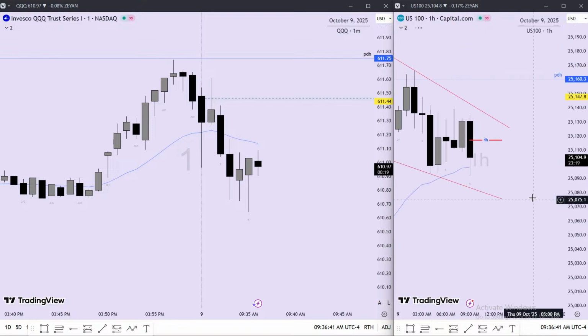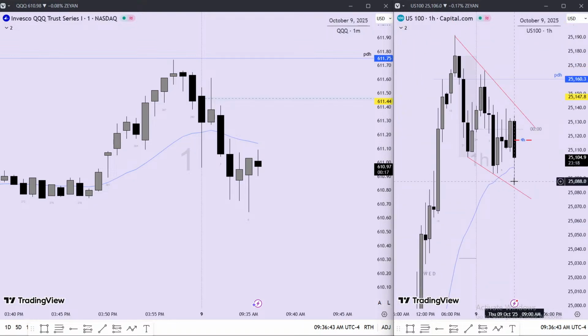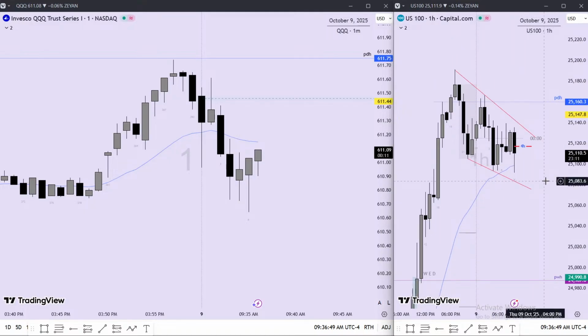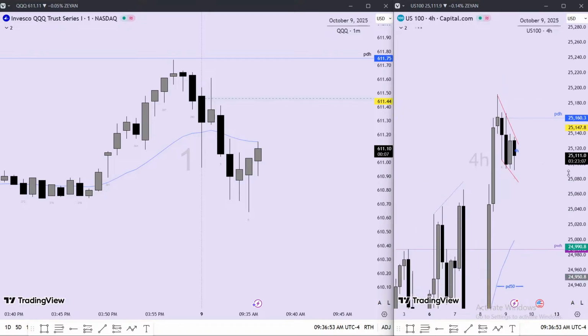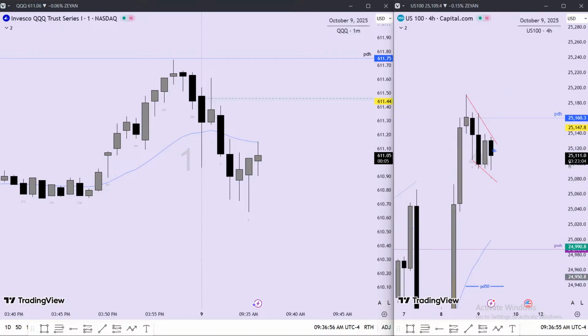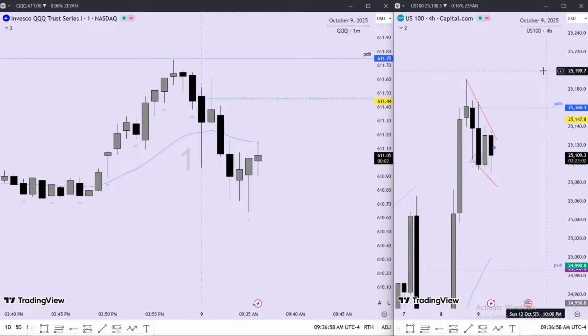On hourly, we are retesting the moving average. Let's go to the 4 hours. On the 4 hours, what would be the validation or invalidation of the uptrend?